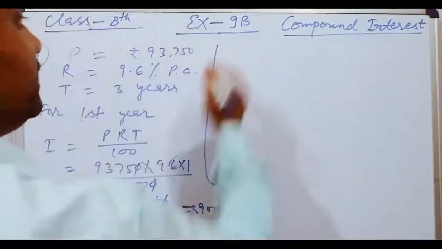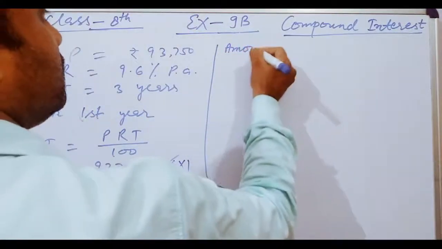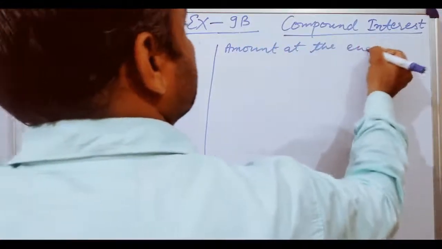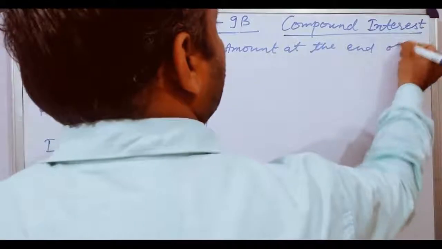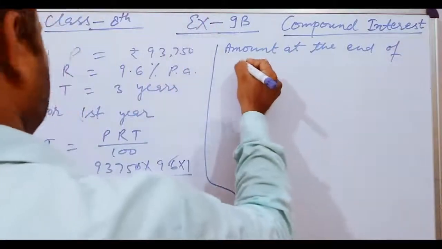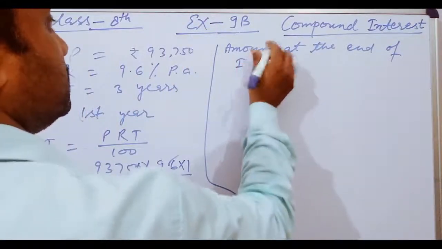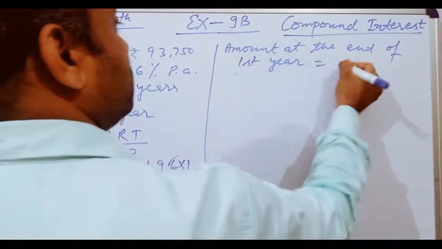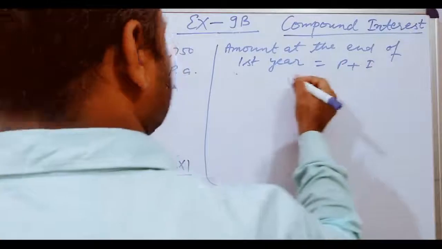Okay, now for the second year. The amount at the end of first year equals principal plus interest.